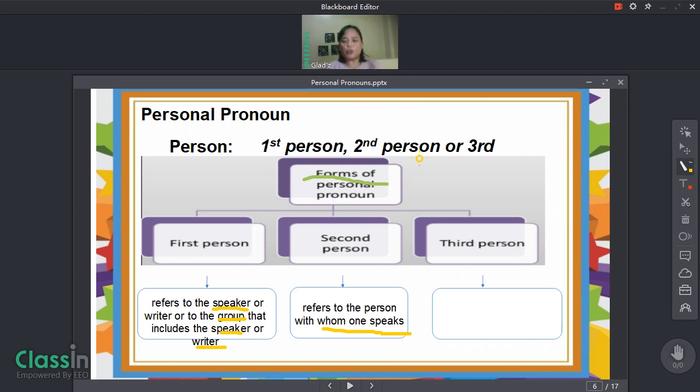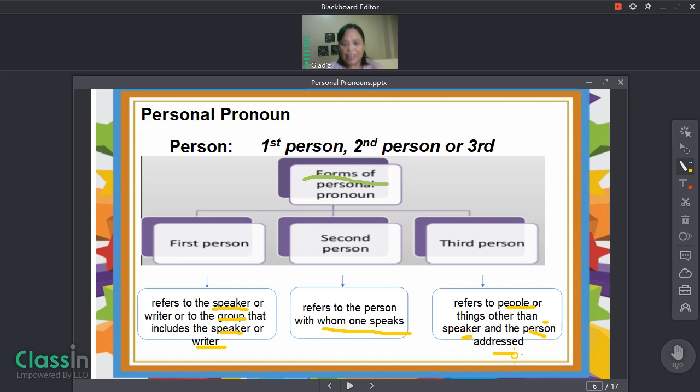And the third person refers to the people or things other than the speaker and the person addressed, or the person whom you are talking about.